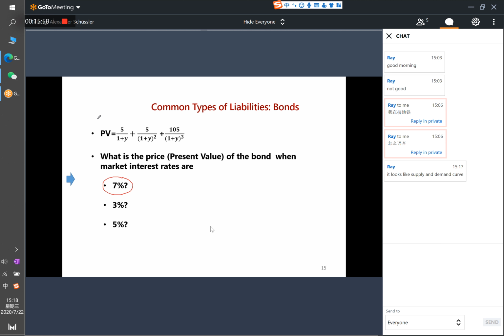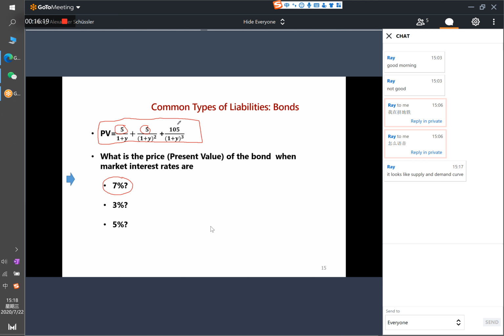Could you please calculate the price of this bond? We have a bond that has a 5 euro coupon, 5 euro interest.